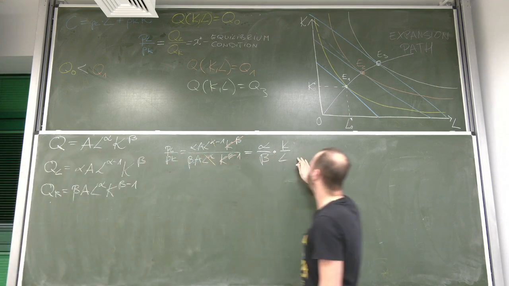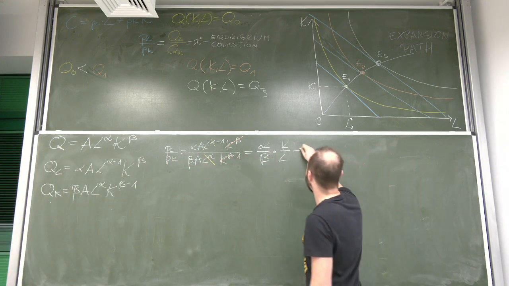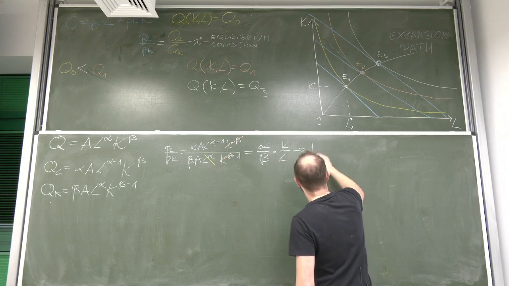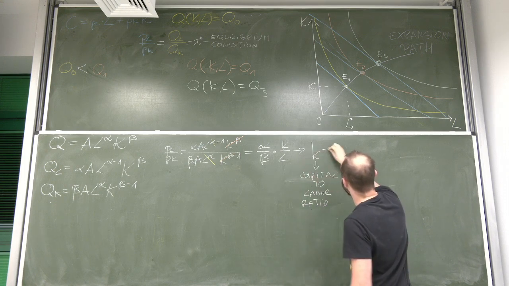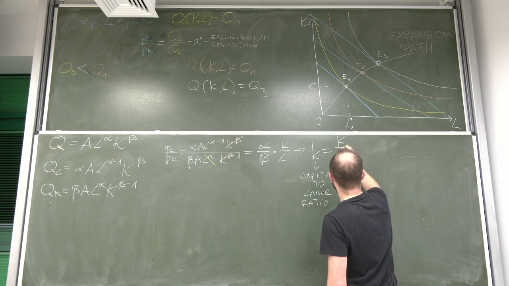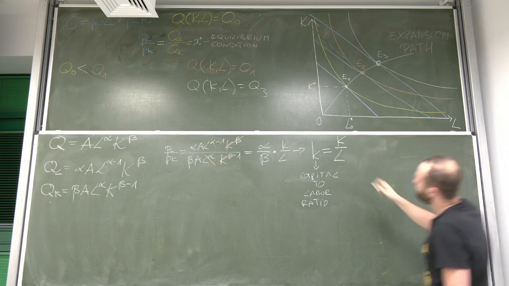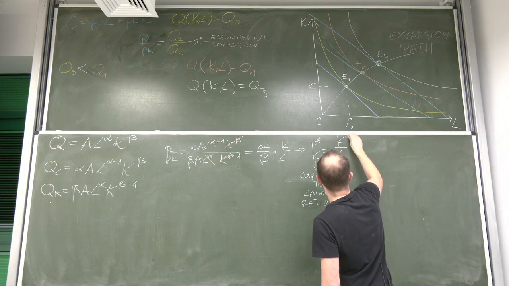And look, out of this, I can easily calculate capital to labor ratio, right? Which is simply defined as capital divided by L. Right? This is equilibrium value.